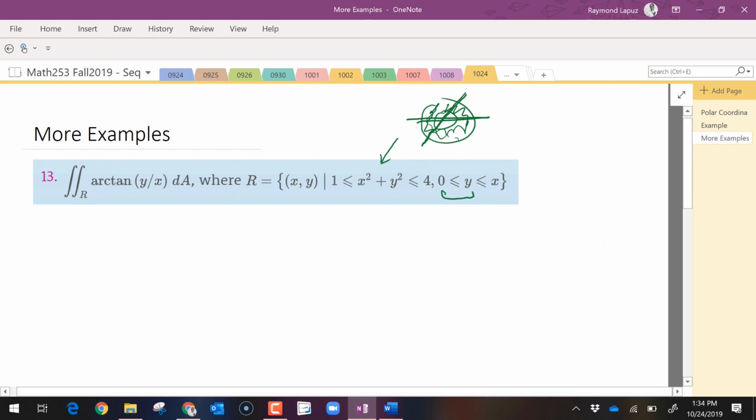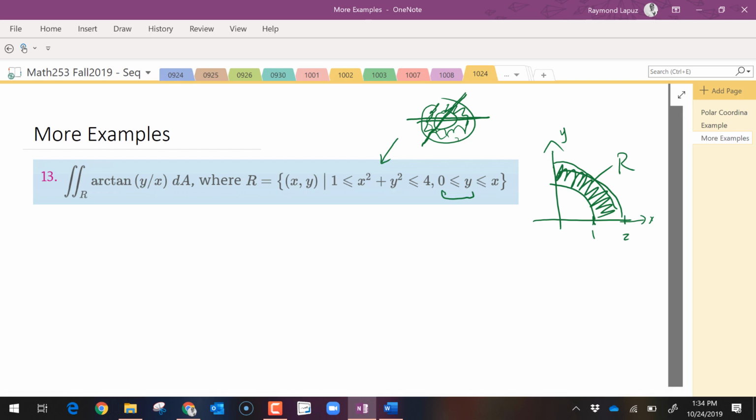So we can probably say that your region looks something like this.